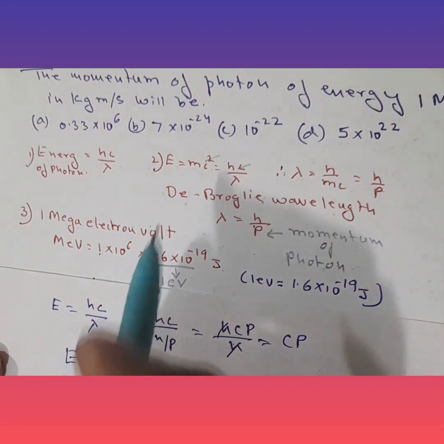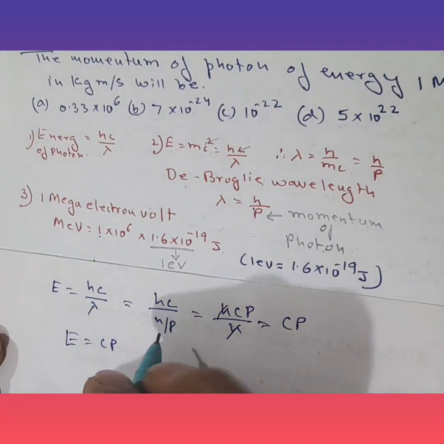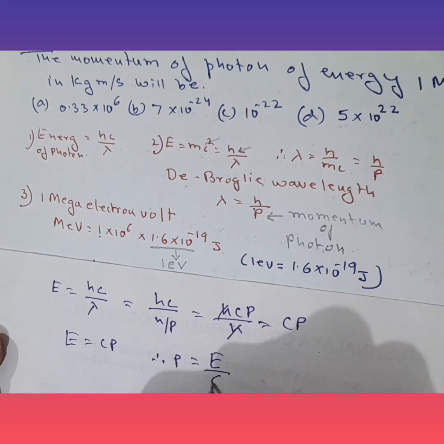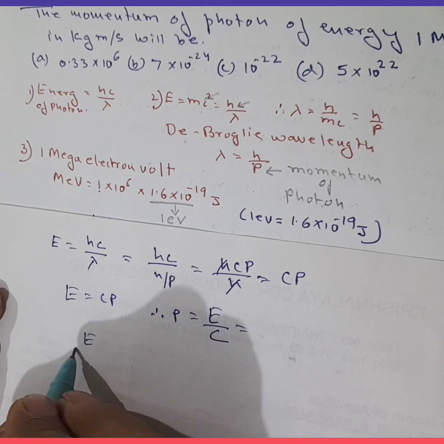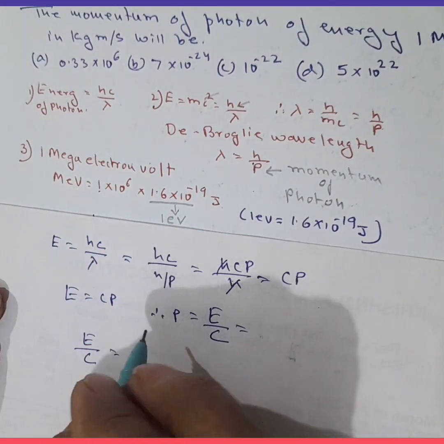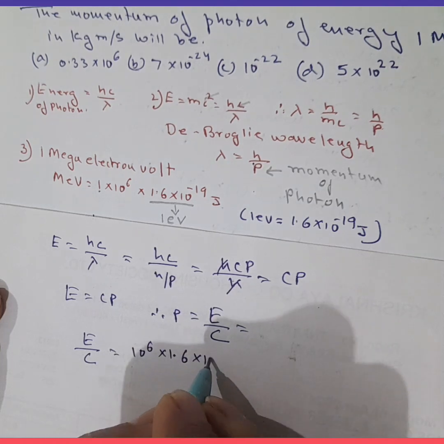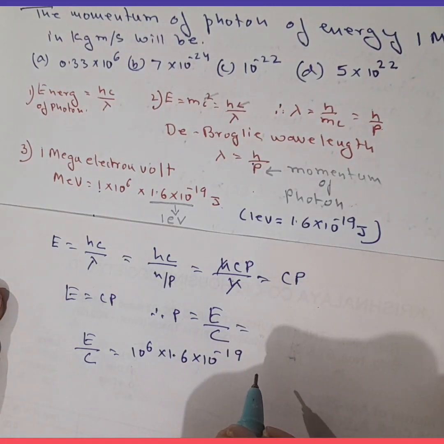That's what we have got. But what we are interested in is momentum. So momentum is p. Therefore p would be equal to energy over c. Now energy we have found out comes to 10 raised to 6 into 1.6 into 10 raised to minus 19 joules. Now let's break up joules.